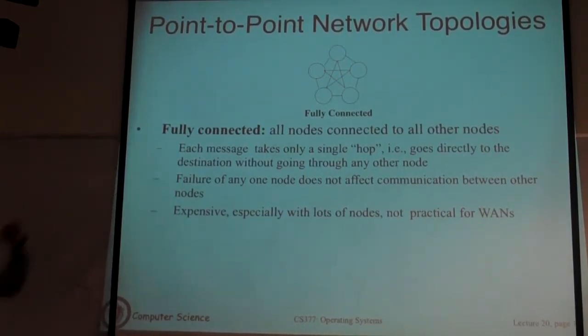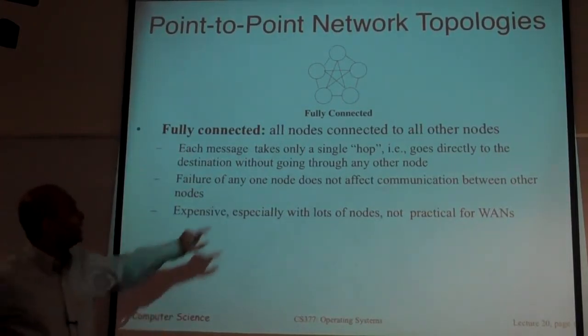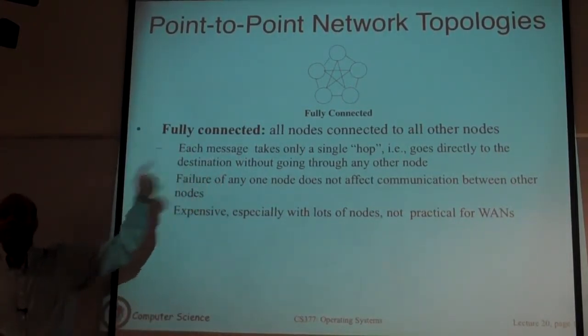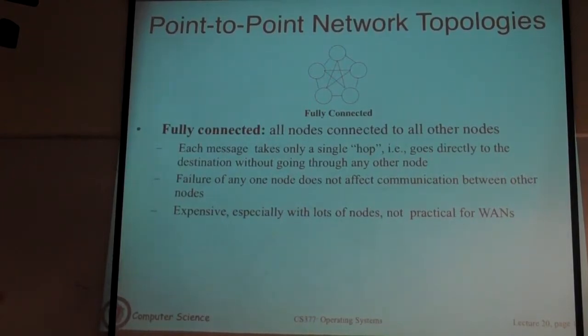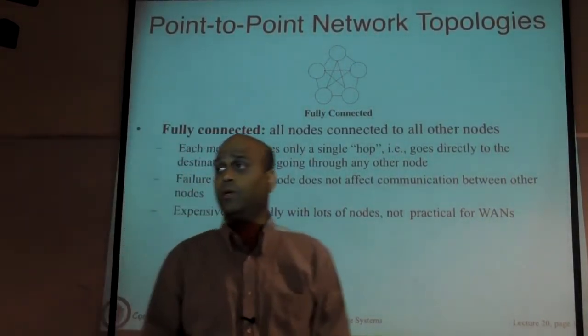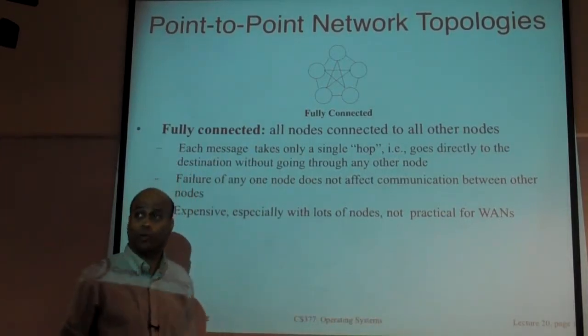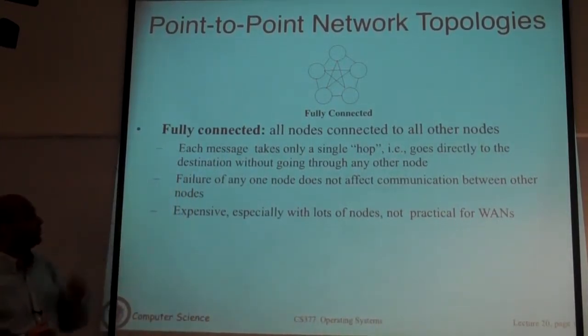And if you have a network structure of this form, then as you can imagine, any node can directly send a message to any other node in a single hop. There is no need for any intermediary because nodes are fully connected. There are order of n square edges for n nodes, which makes it hard to build as you have more and more nodes in the network.